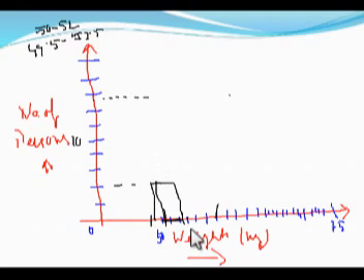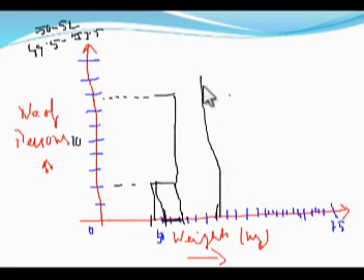Then 52.5 to 56.5 is 15. This will now get a continuous histogram, and this is 52.5, and this is 53, 54, 55, 56, 56.5.